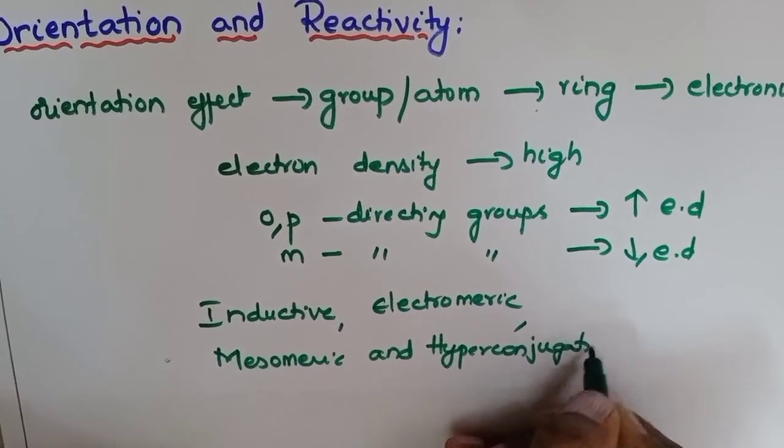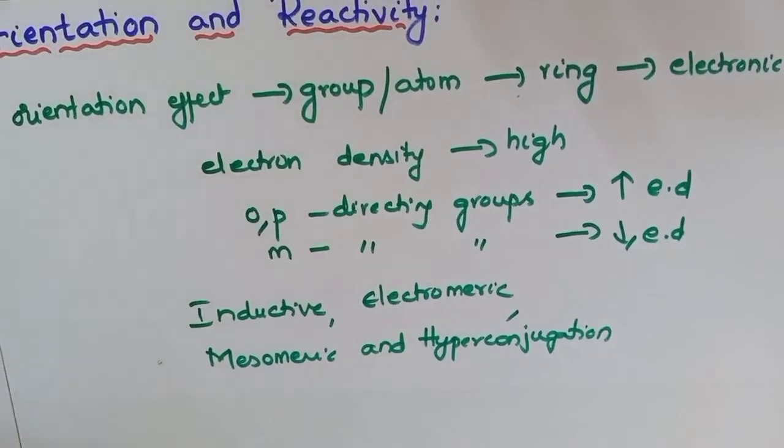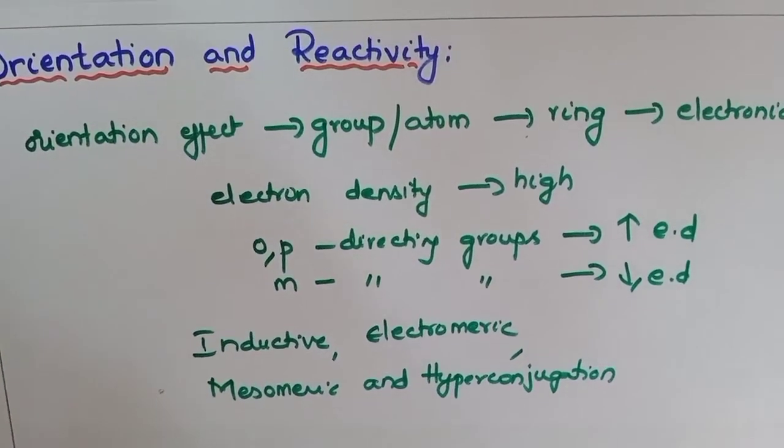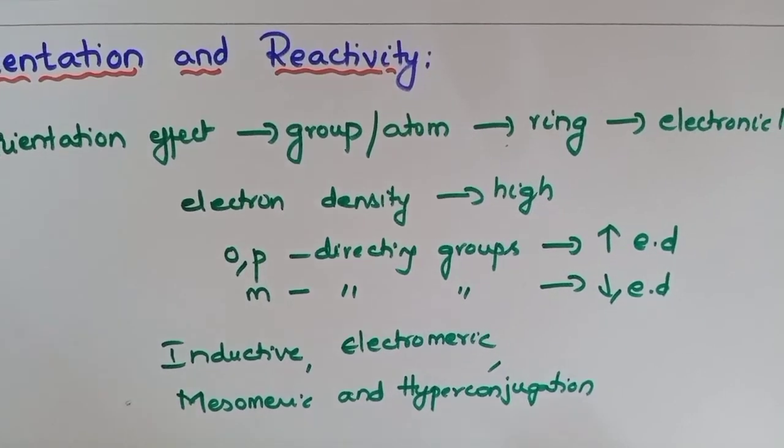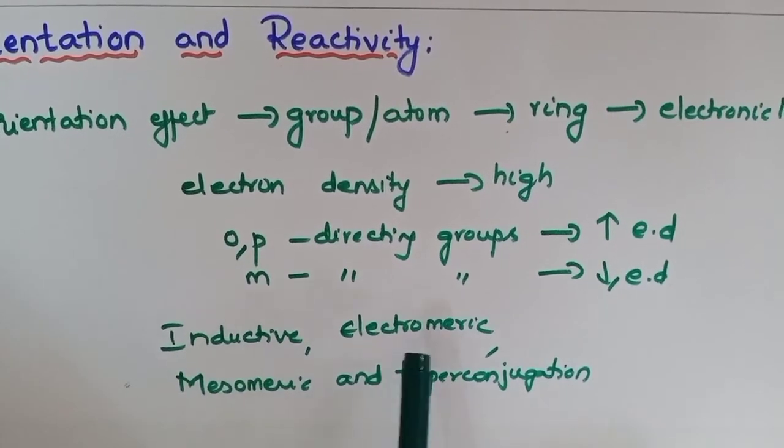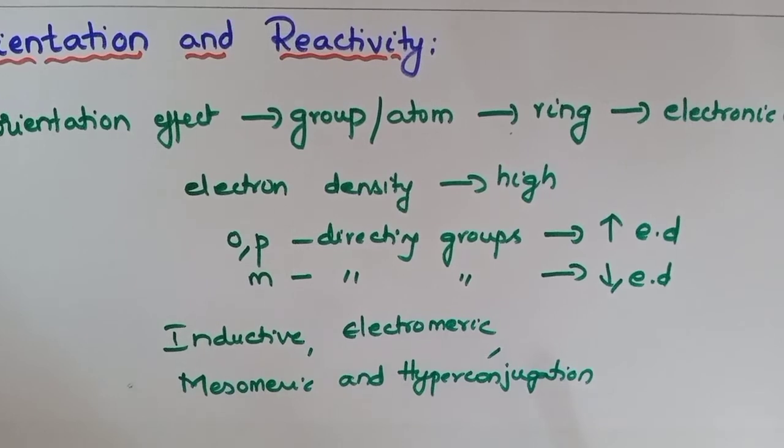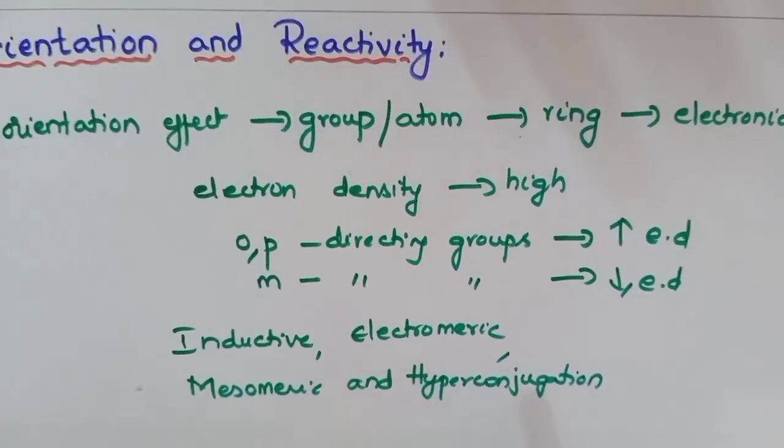Please write down, students. The increase or decrease in the electron density is mainly influenced by various effects like inductive effect, electromeric effect, mesomeric effect, and hyperconjugation.